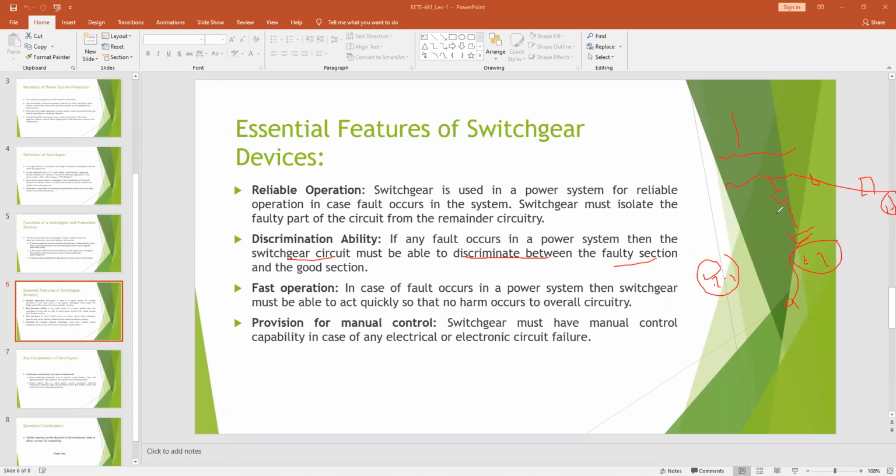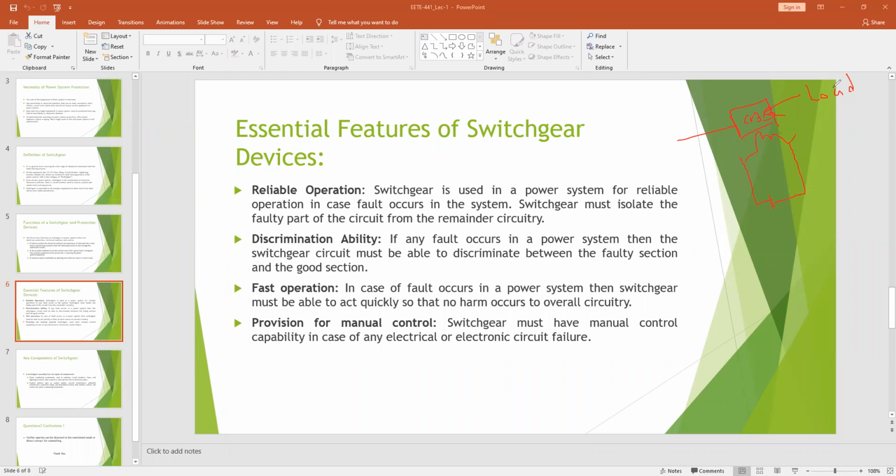And the last one is the provision for manual control. What is this? Let me give you an example. For example, this is your load, and this is a circuit breaker. What is a circuit breaker? I will come to it. Now, this circuit breaker is operated by an electronic circuit. That circuit helps the circuit breaker turn off and open this portion during any abnormal situation.